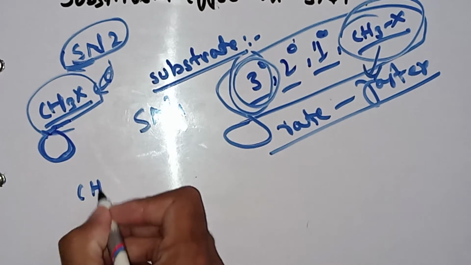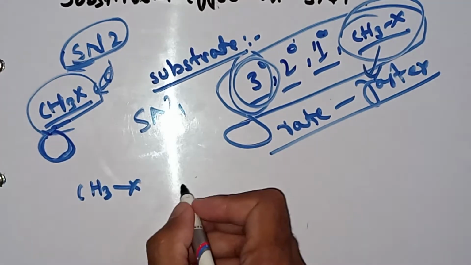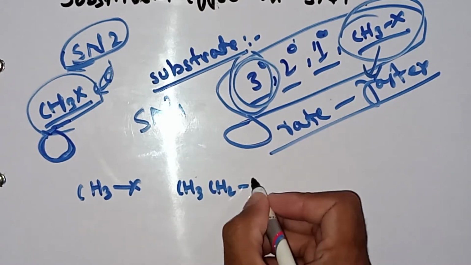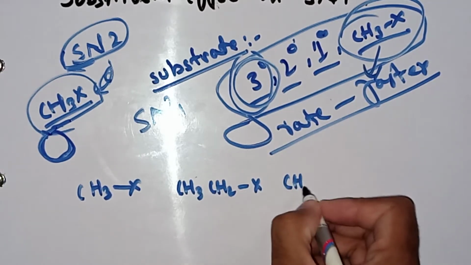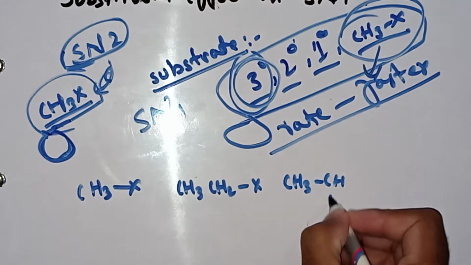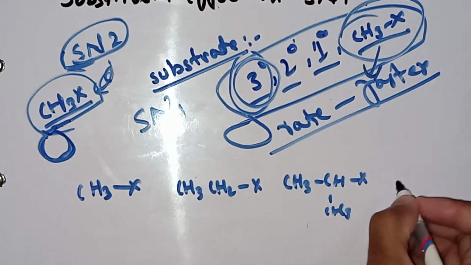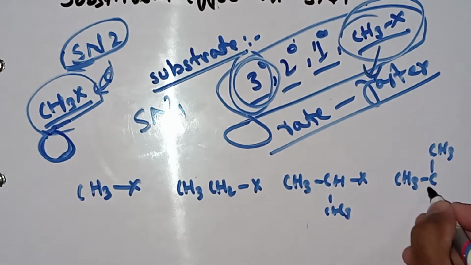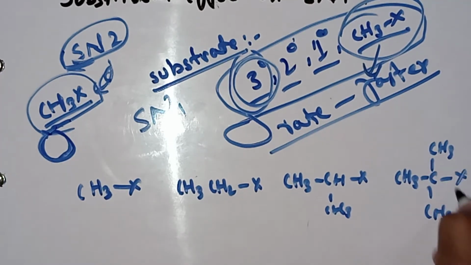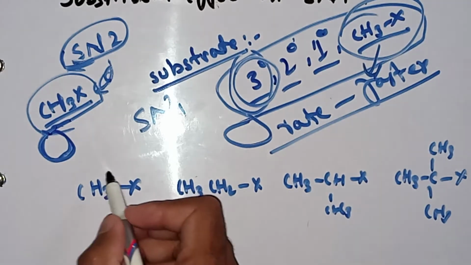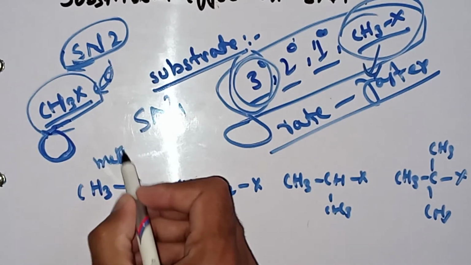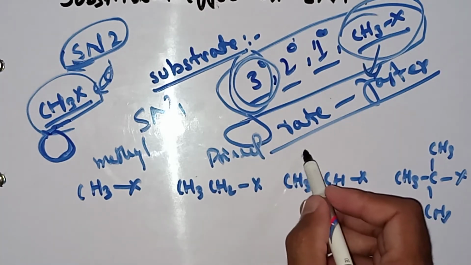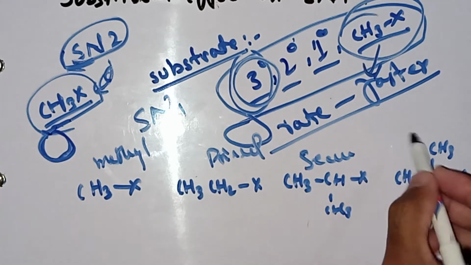This is methyl halide CH3X, this is primary alkyl halide CH3CH2X, this is secondary alkyl halide, and this is tertiary alkyl halide.